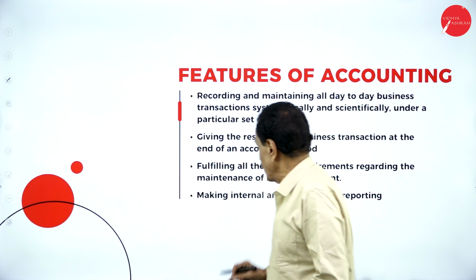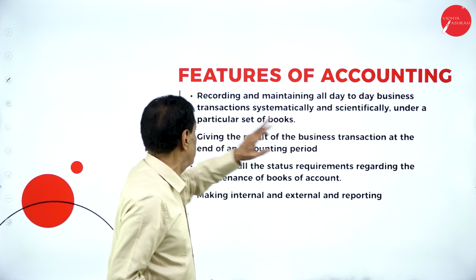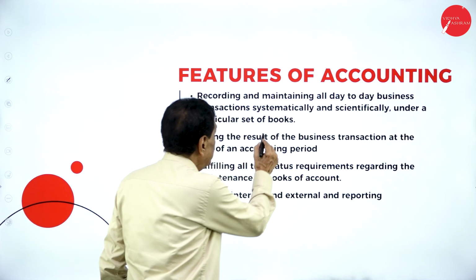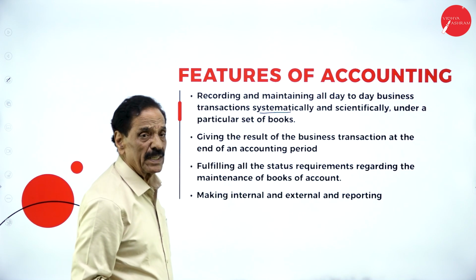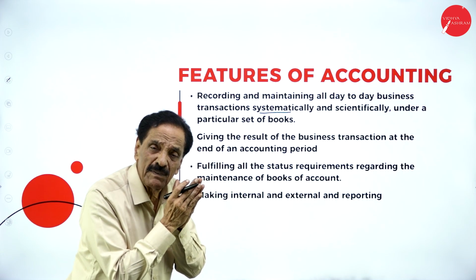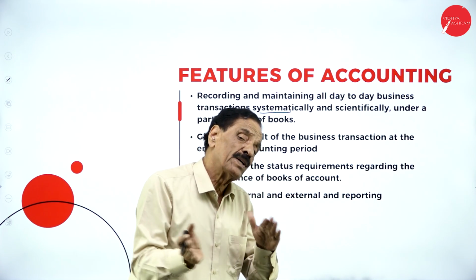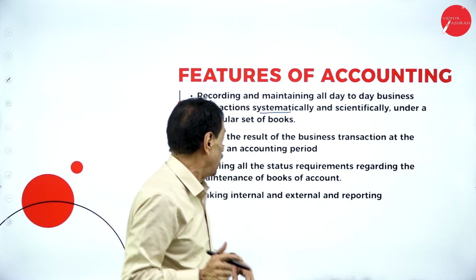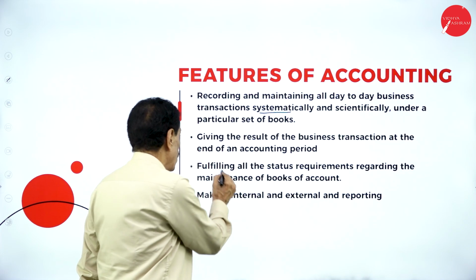Then what are the features of accounting? Recording and maintaining day-to-day business transactions systematically and scientifically under a particular set of books. Every day, whatever transactions take place will be entered day-wise, month-wise, year-wise, in a systematic arrangement, giving the result of business transactions at the end of the accounting period.